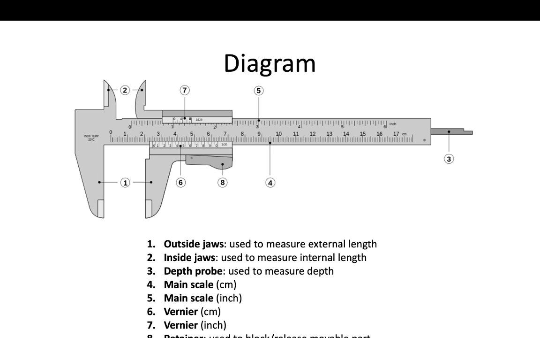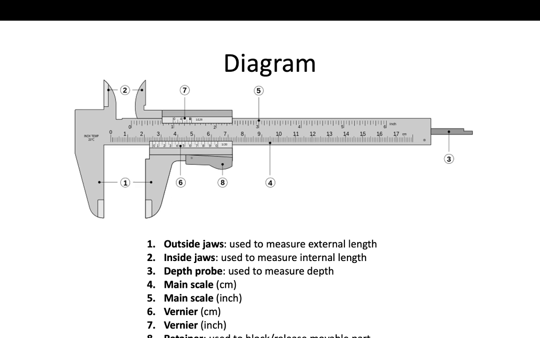Number 4 is the main scale, which is always in centimeters. The fifth is also the main scale: on the downside it's always in centimeters, and on the upside it's always in inches. The second scale is the Vernier; on the downside it's in centimeters, and on the upper side it's in inches. And the last part is the retainer.